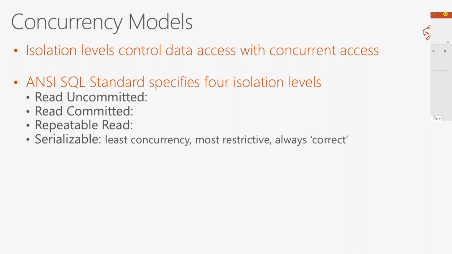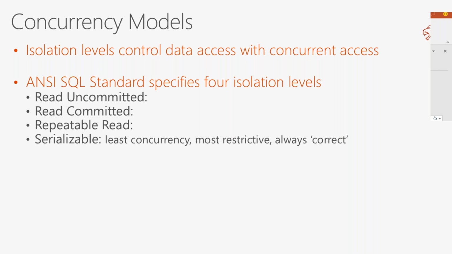In repeatable read mode, if I'm reading it, I'm going to hold a lock for the duration of my transaction. That means if I run the query again in my transaction, it will still be the same. Anybody who wants to change that value will block, because I'm holding a share lock. So that is repeatable read.